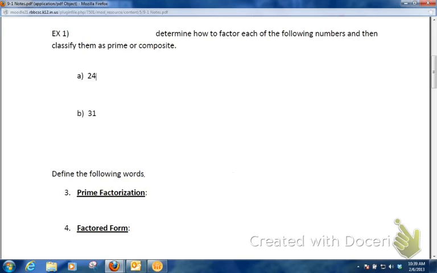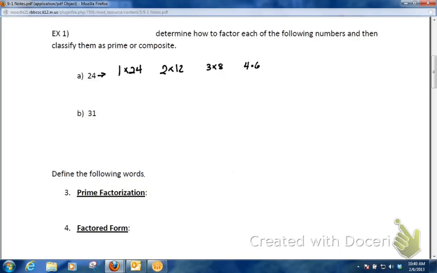So for the number 24, I'm going to think about things that can multiply to make 24, like 1 times 24, or 2 times 12, or 3 times 8, or 4 times 6.